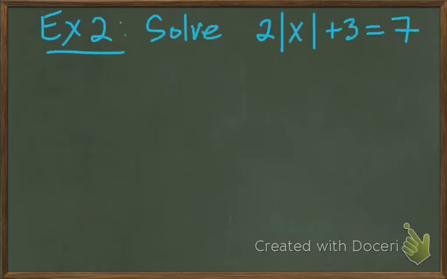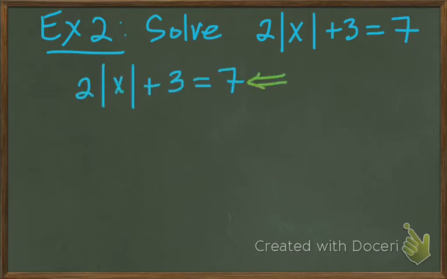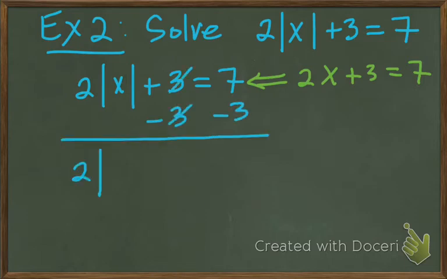Example 2, yet more complicated. Solve the absolute value of x times 2 plus 3 equals 7. When in doubt, always remember, what would you do if this were just a regular equation without absolute value? Obviously, you would undo the addition first. You would subtract 3. If that's what you would do with a regular equation, that is exactly what you'll do with the absolute value equation.